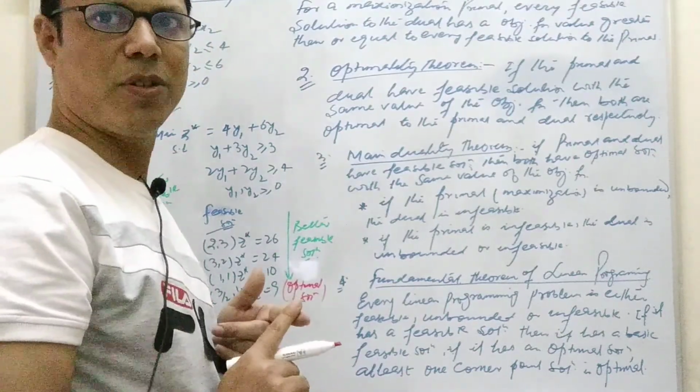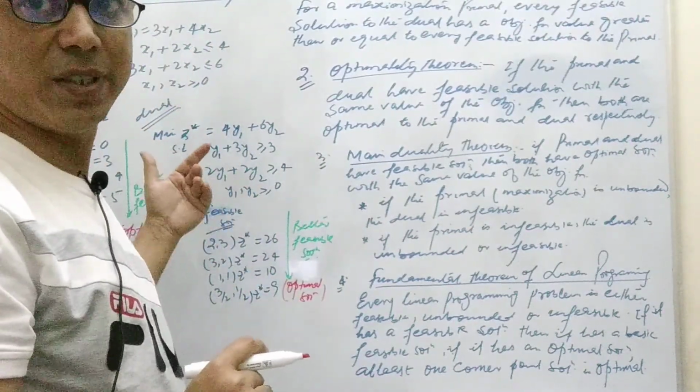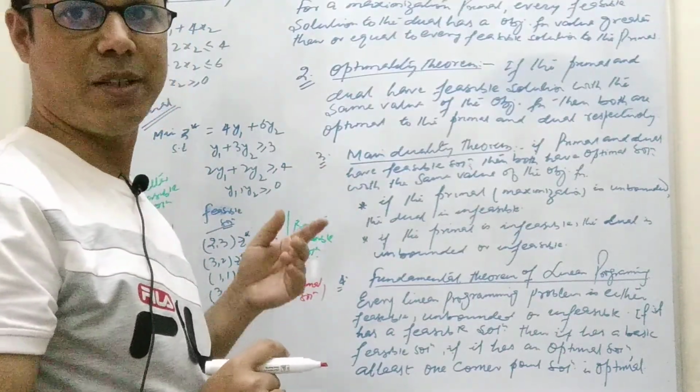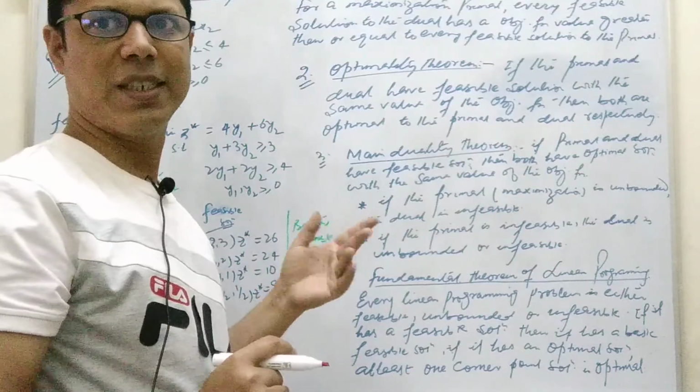So it is ensured: if a feasible solution exists, there exists a basic feasible solution, and if a basic feasible solution exists, there exists an optimal solution.